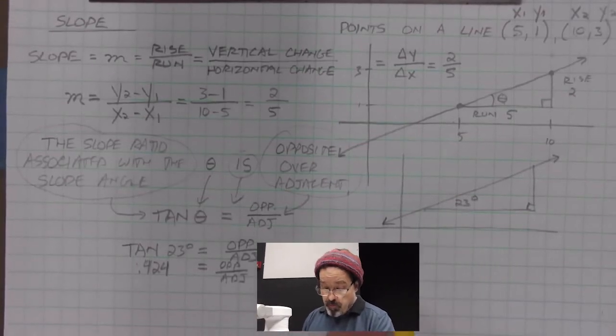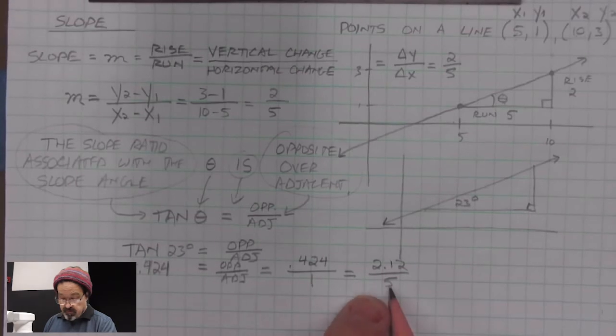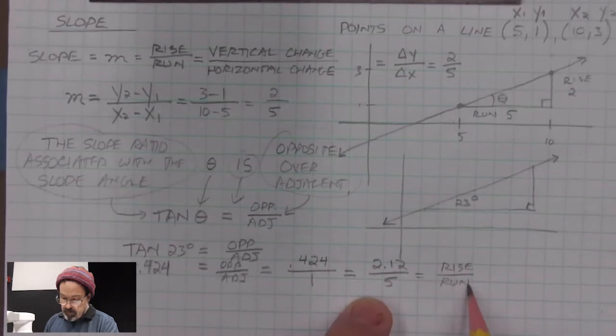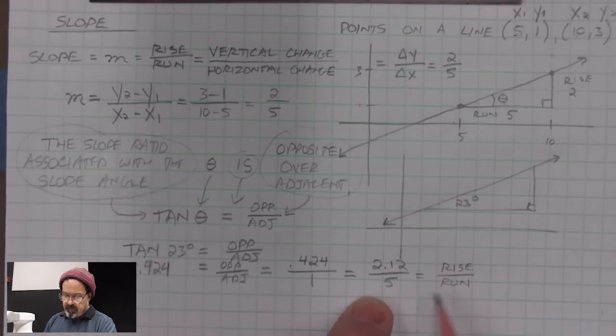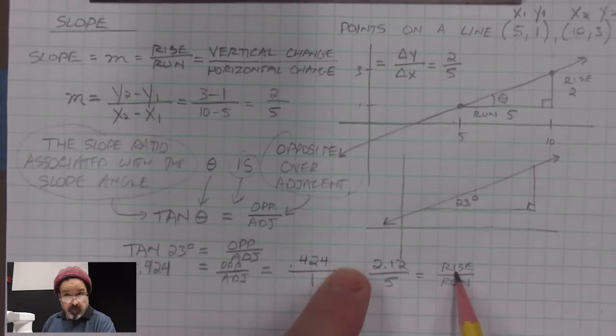I got 2.12 over 5, and I'm thinking of this as a slope ratio, a rise over a run, which means that if I run 5, if I change horizontally by 5, then I go up 2.12.